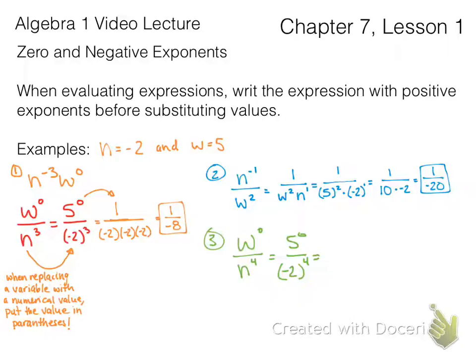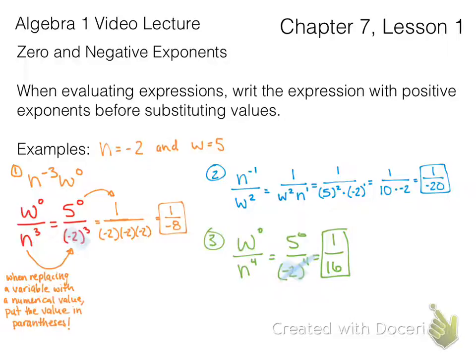Negative 2 to the 4th power is 16. So you guys see the difference between here and here? It was still a negative 2, but because it was negative 2 to the 3rd power over here on the left, because it's an odd number, it's going to stay negative, whereas here, when it was an even number, it's going to become positive.